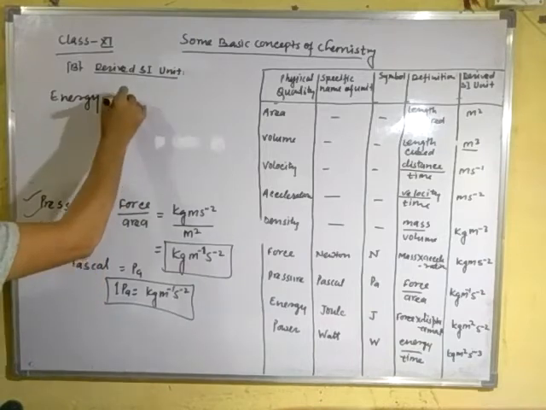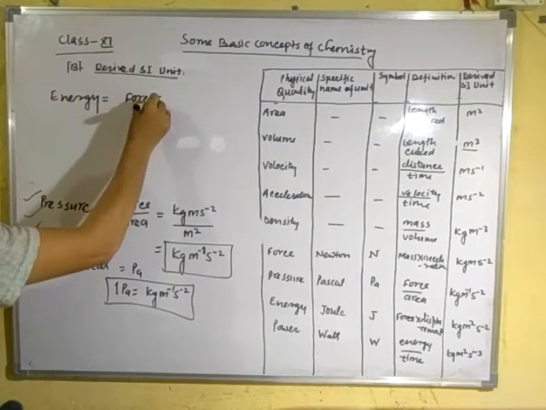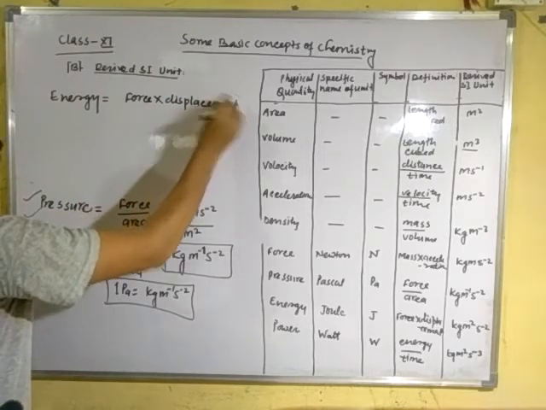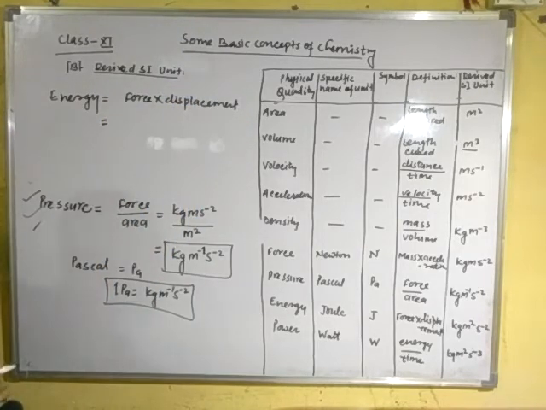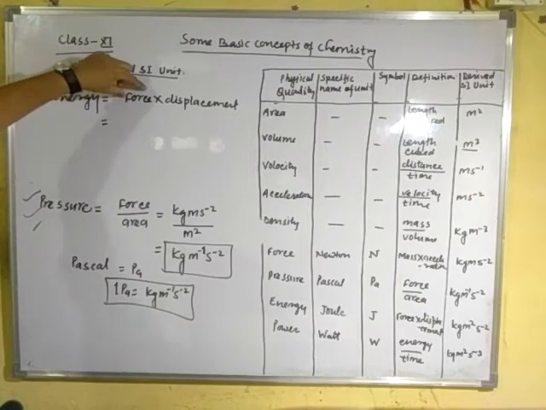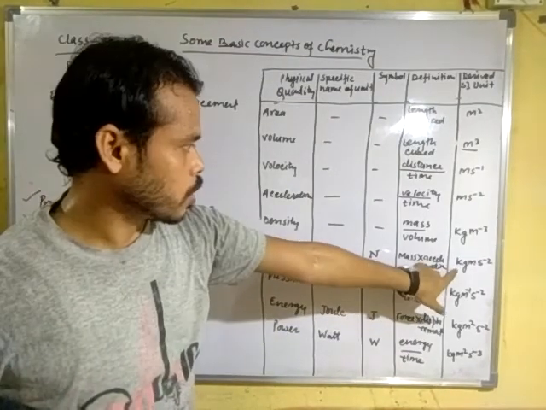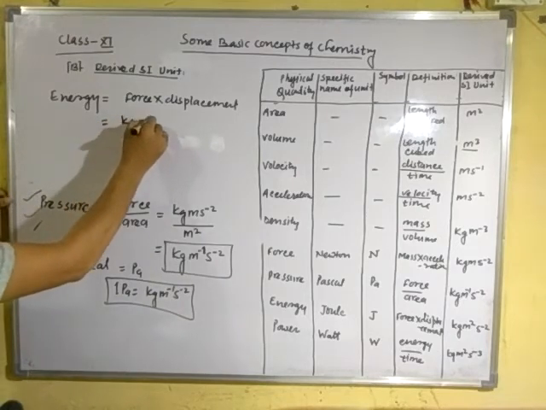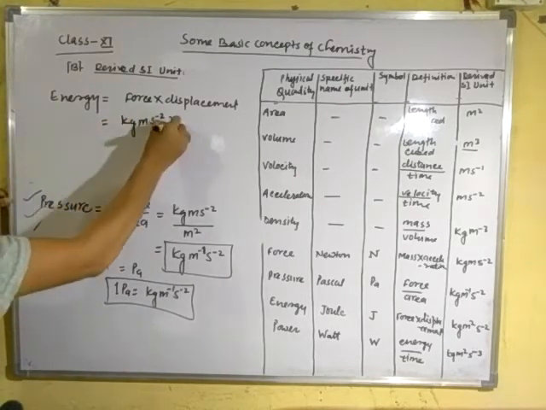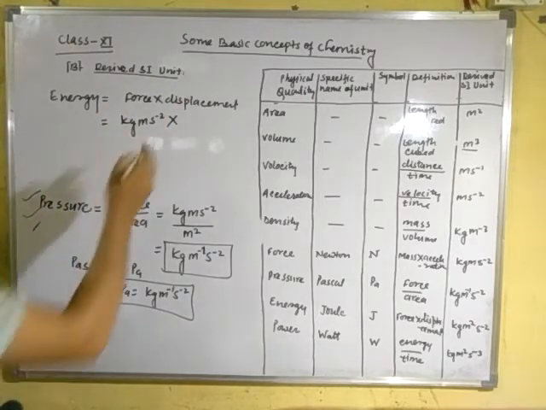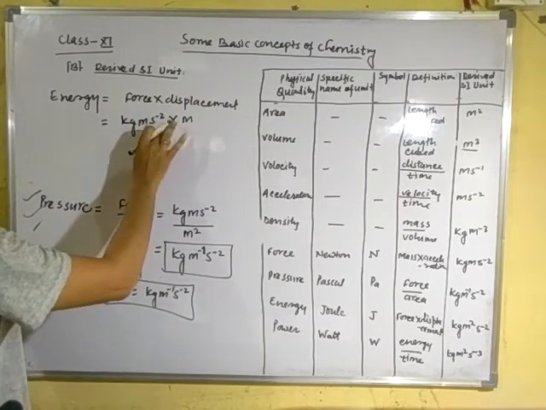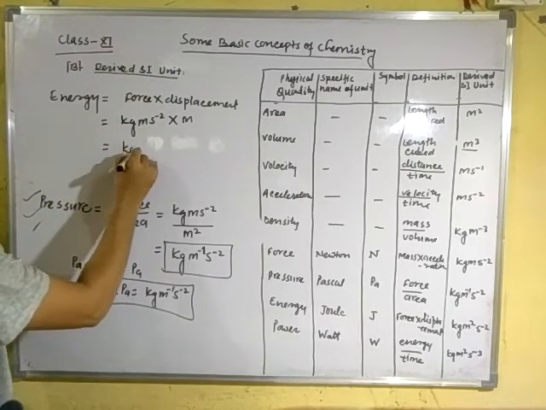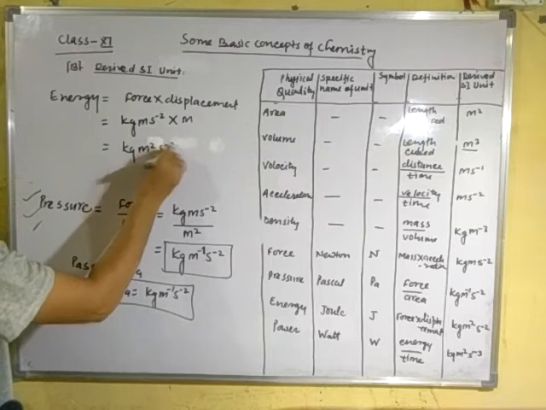Now, the value of force we have already found: kilogram meter second power minus 2, into displacement. We have written displacement in meter. That means after solving you will find kilogram meter square second minus 2.